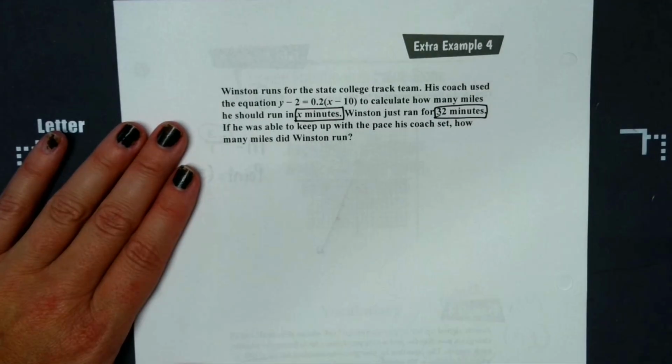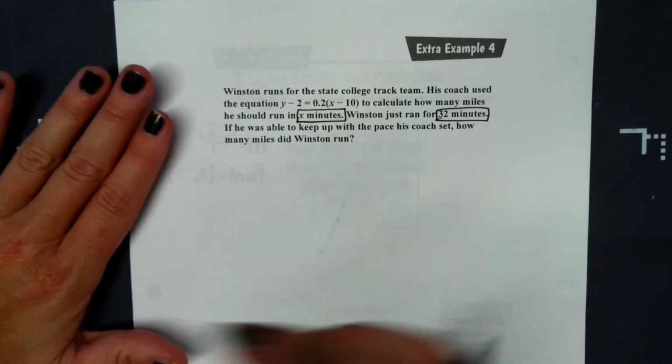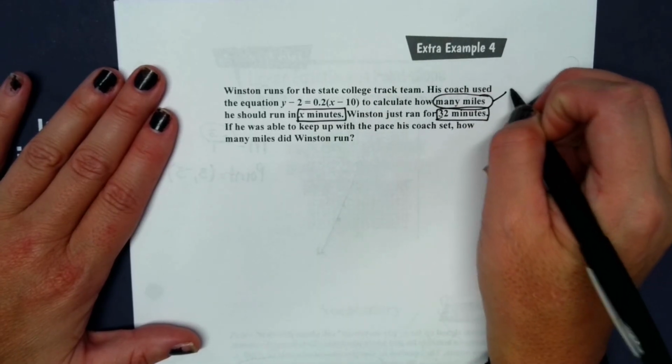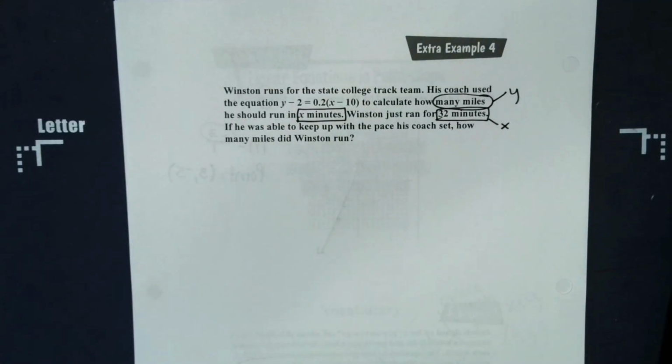What is y going to equal? What's y standing for? Miles. So this is y, this is x. I want you to figure out how many miles he should have run, according to this equation, in 32 minutes.